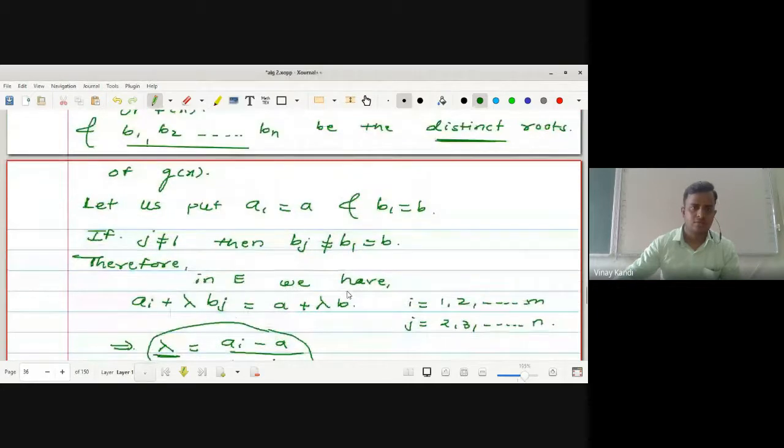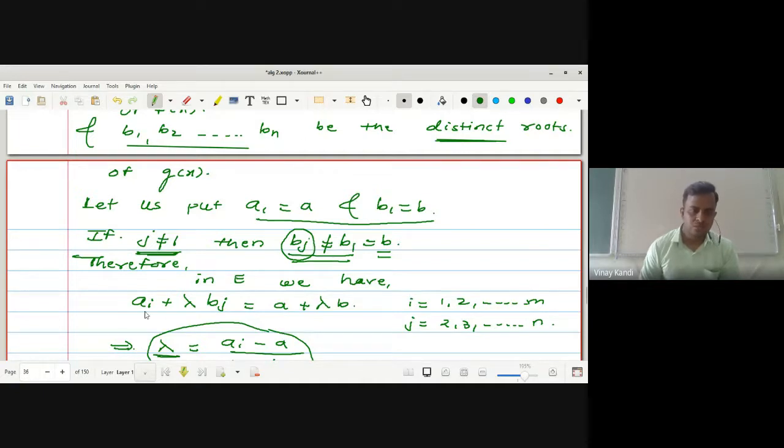Look at it. Let us put a1 is equal to a, b1 is equal to b. If j is not equal to 1, what happens? bj is not equal to b1, which is not equal to b. This bj will never be equal to b. Why not? Because all the roots of g of x are distinct. Okay.